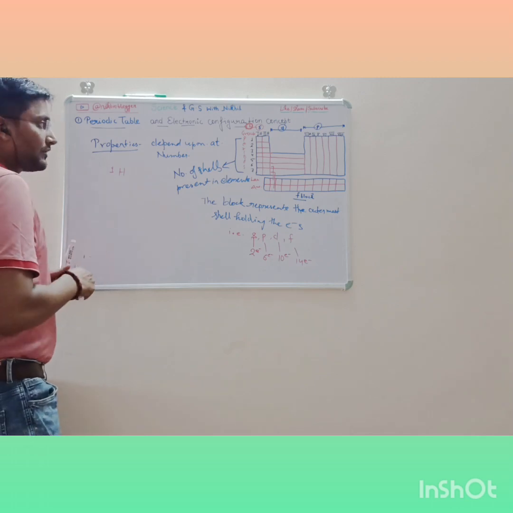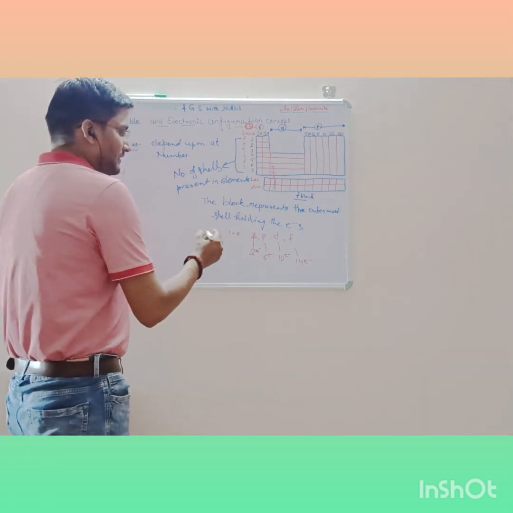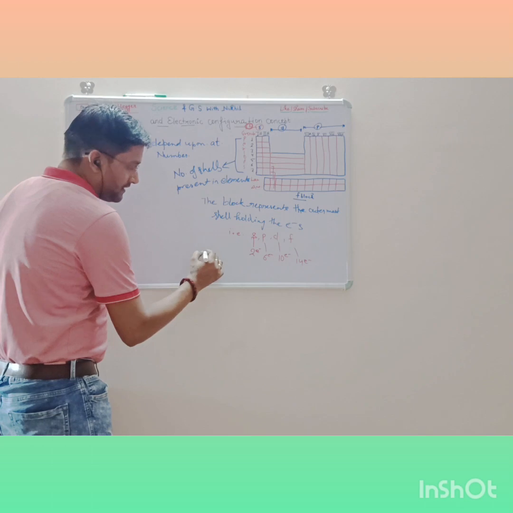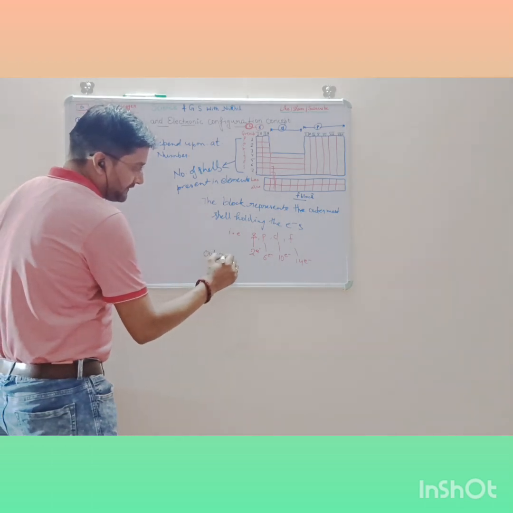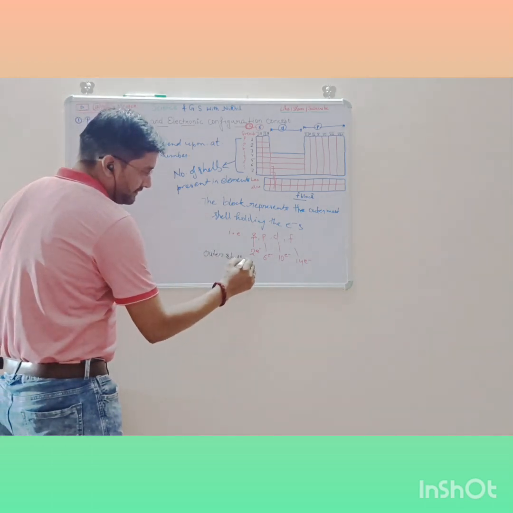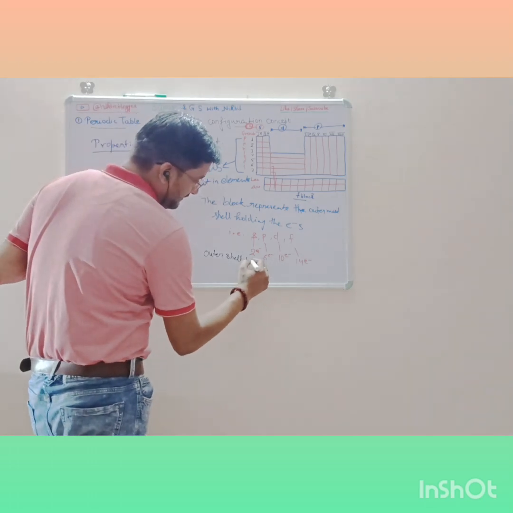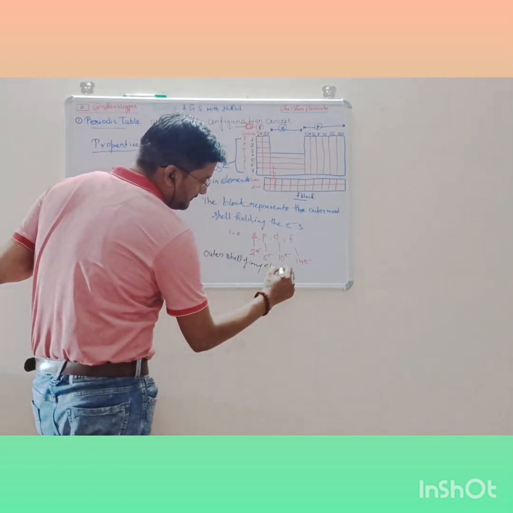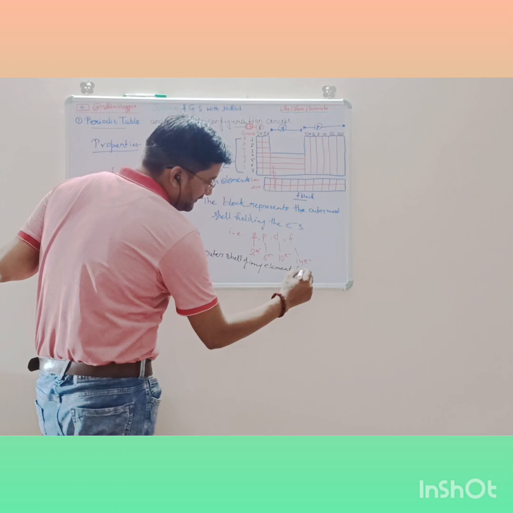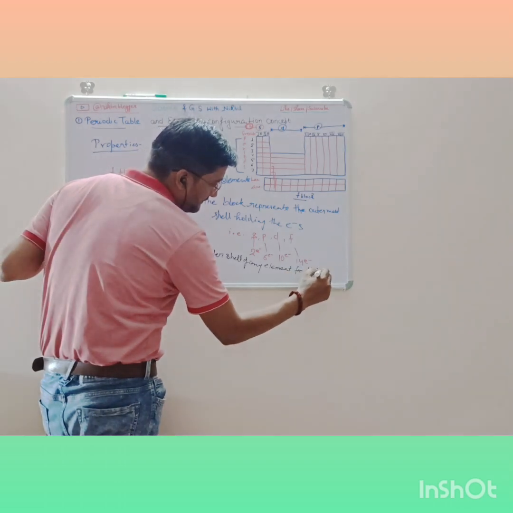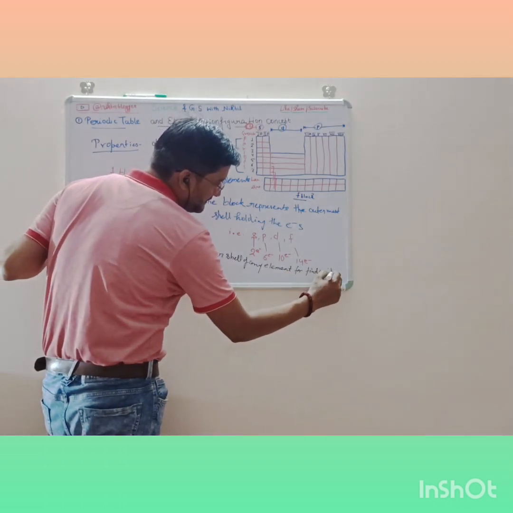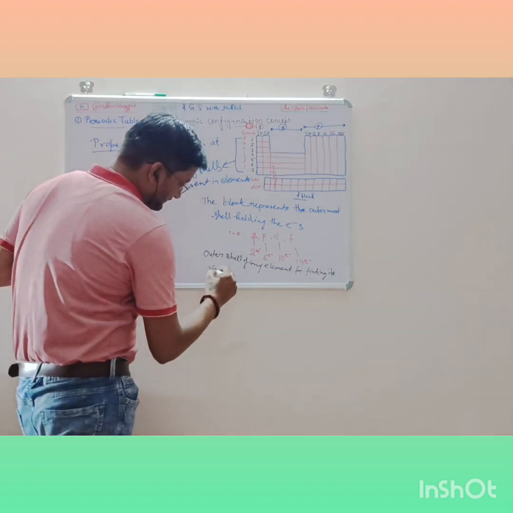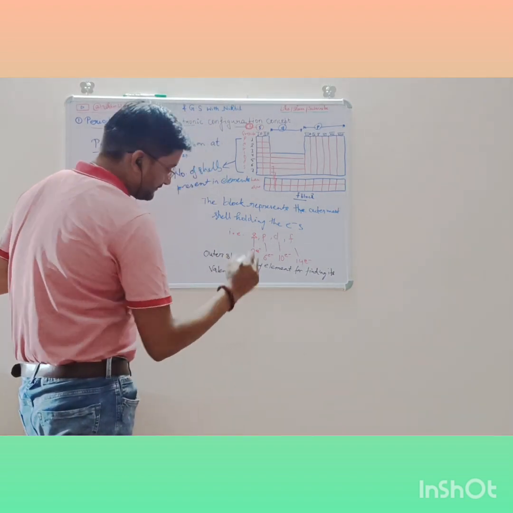And when we are doing the electronic configuration, we always calculate the outer shell of any element for finding its valency, right?